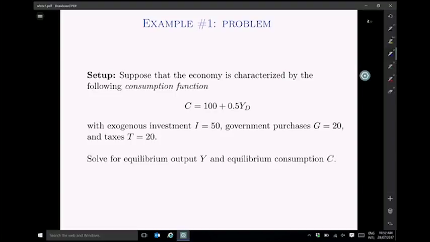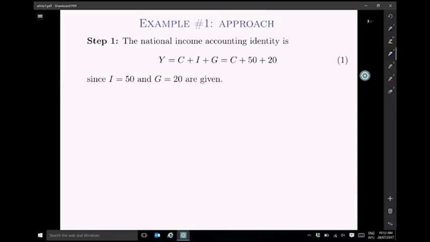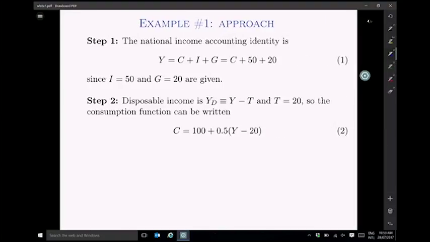So let's put these two things together. We'll be almost done. So here we combine these two things. Output equals demand equals C plus I plus G. And we just put the information that we have so far in, investment 50, government spending 20, and then we also construct this disposable income as the difference between output and taxes, and put taxes in as 20.